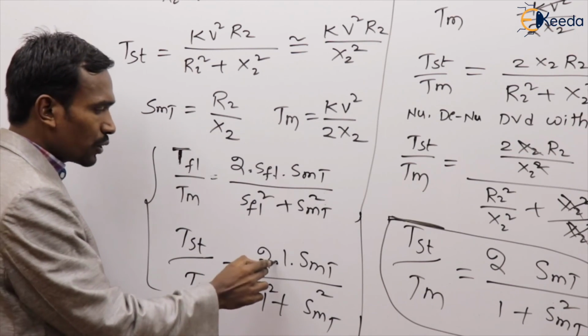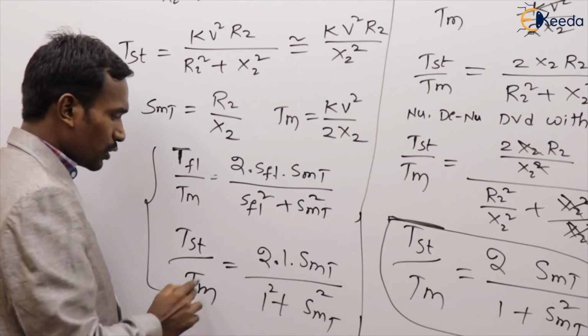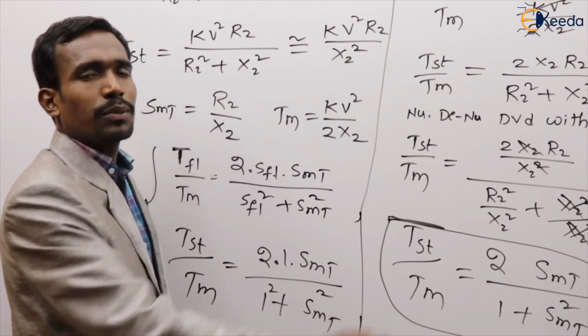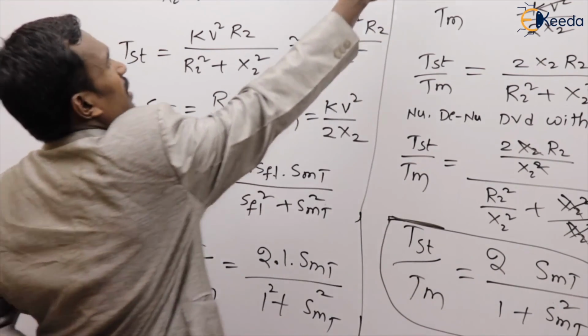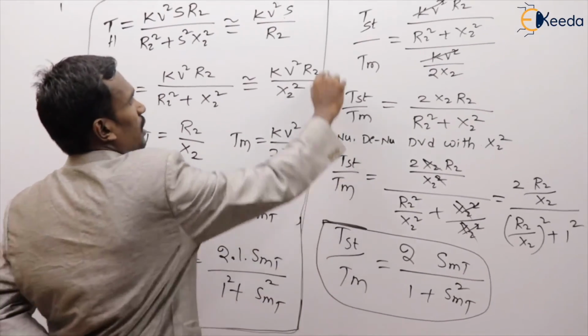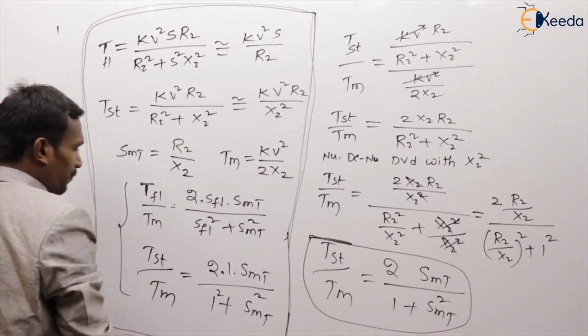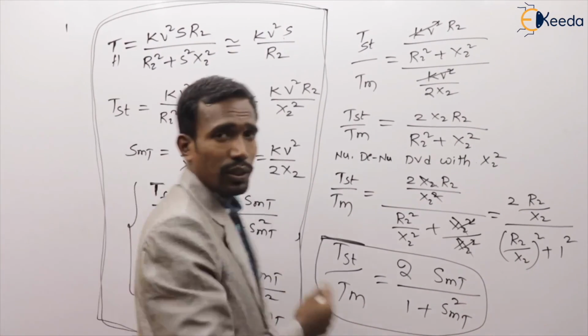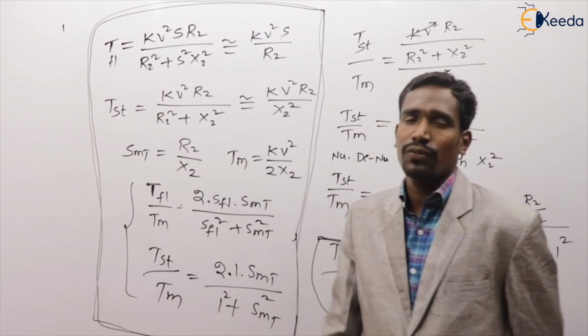Here, 2 into slip at starting into slip at maximum, by slip at starting square plus slip at maximum torque square. These are the torque equations of the induction machine.